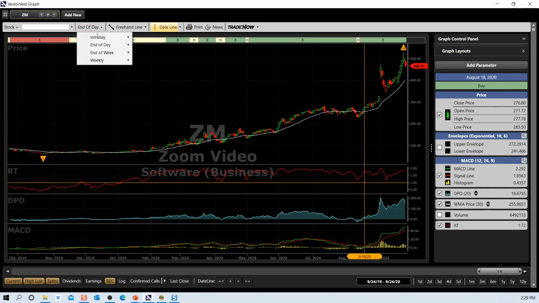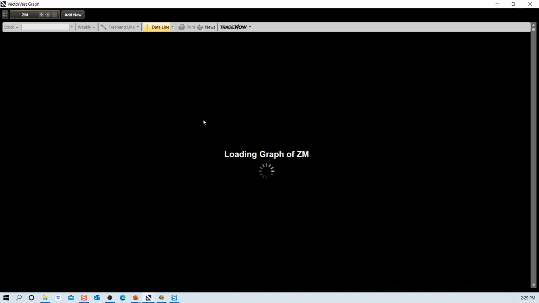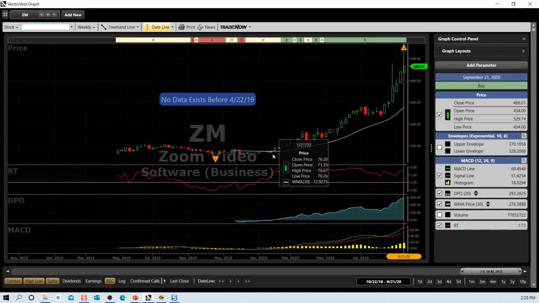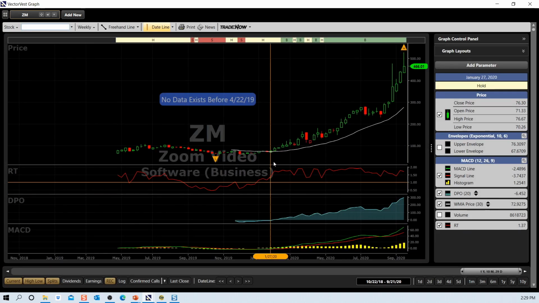And if I go to weekly graph, whoops, there we go, best fit. And we could see that very strong signal right here, maybe even a little bit earlier with RT crossing above 1 right here.